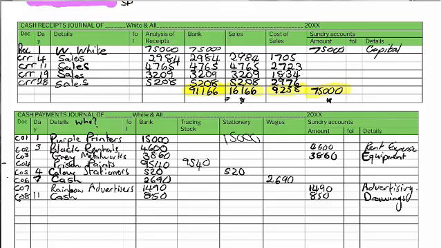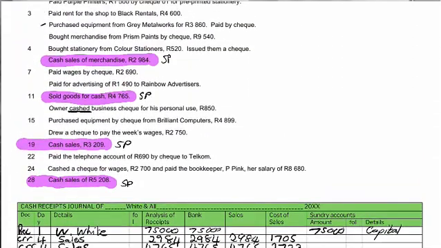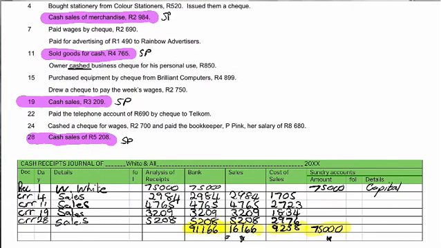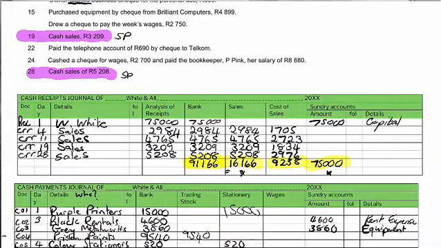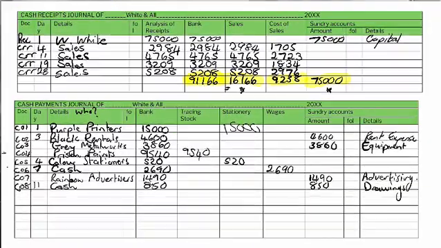Everyone happy up to this point? Yes, sir. Okay, on the 15th, 4 more transactions, guys, we're nearly there. On the 15th, purchased equipment from Brilliant Computers, 4,899 Rand. Okay, I'll run through this one with you. The date was the 15th. Check number 9.